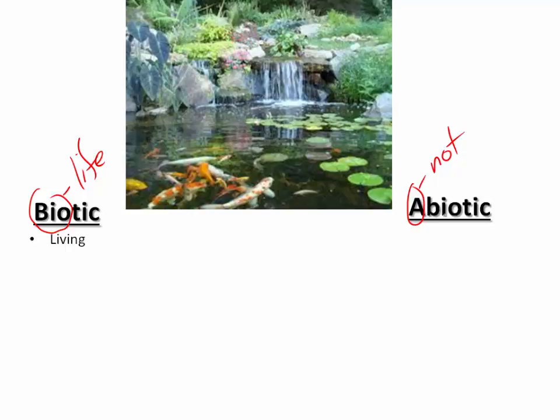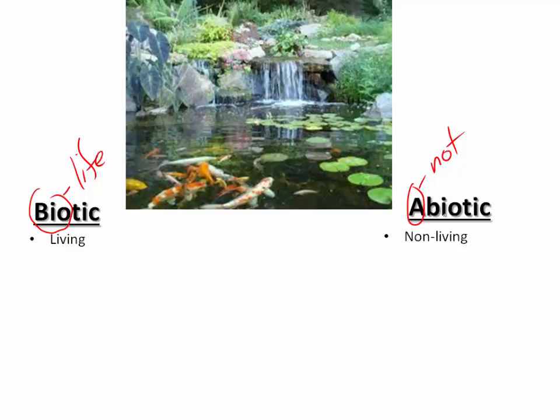And if we have abiotic, it means not life or non-living. When you talk about biotic and abiotic, it is very basic. The desk is non-living. The person in the desk is living.